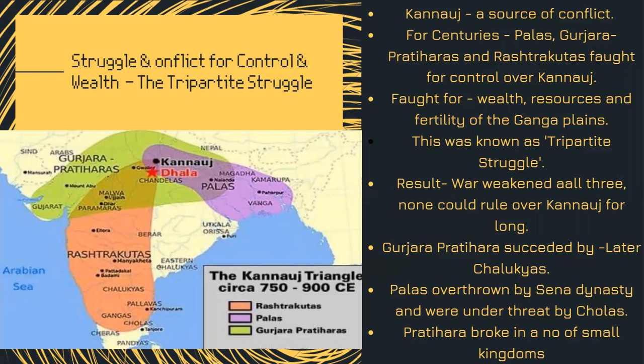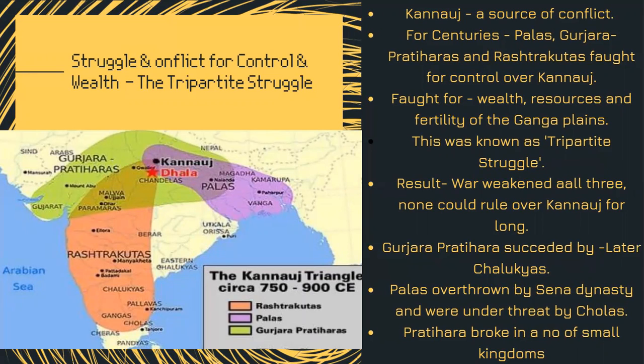So now, students, this is a map, right? And we will now talk about the Kannauj triangle. So here we have Kannauj, and Kannauj, students, was a source of conflict. Why? Because this region was very wealthy, it had a lot of resources, and most important, it had the Ganga banks around it, which is very fertile.